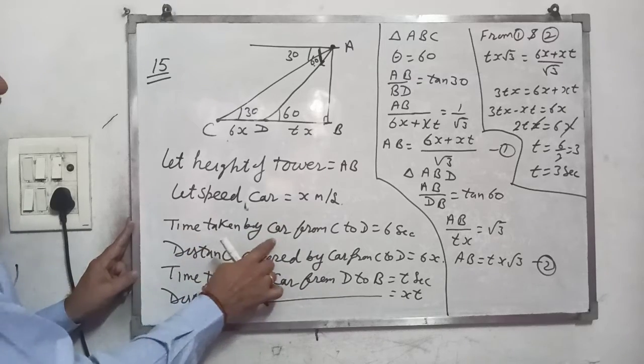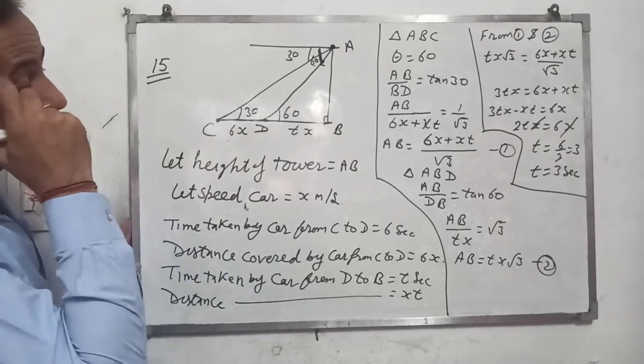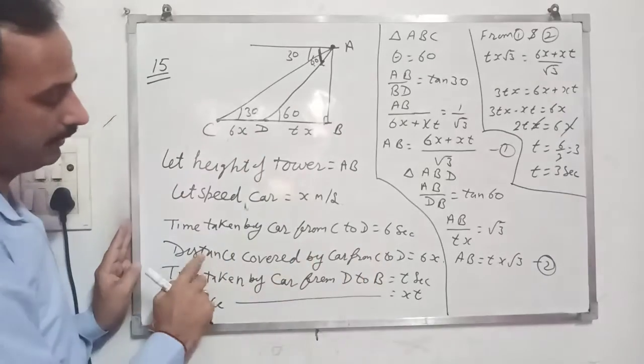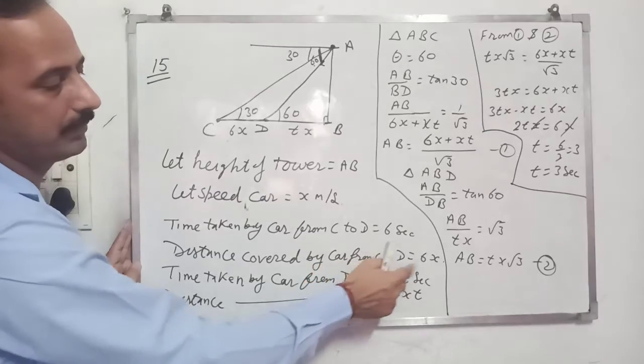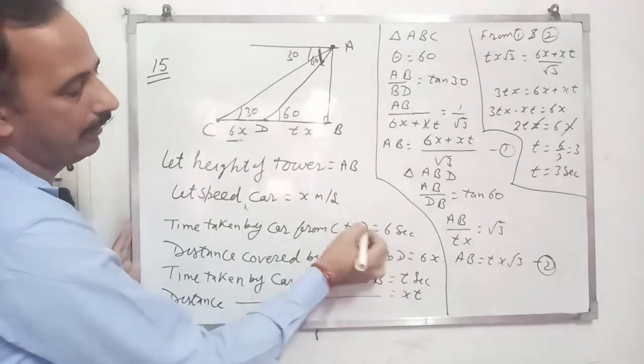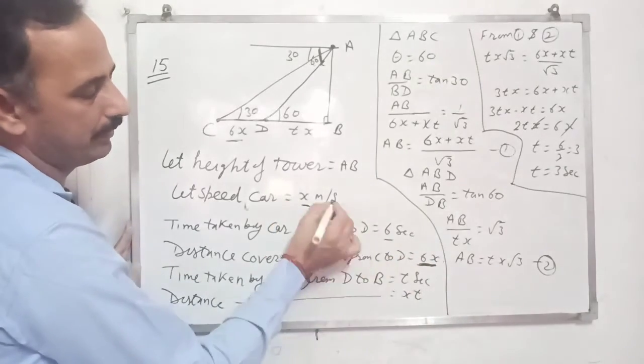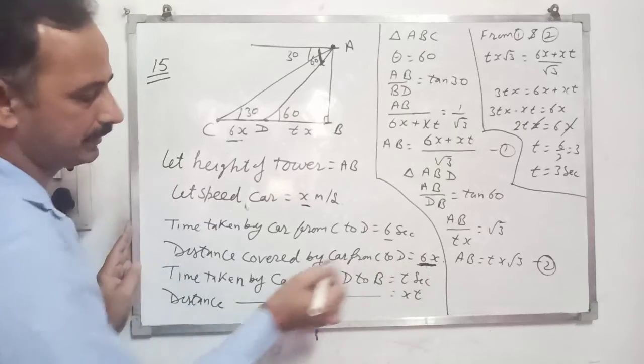The time taken by the car from C to D is 6 seconds, and the distance covered by the car from C to D becomes 6x. Speed into time is the distance.